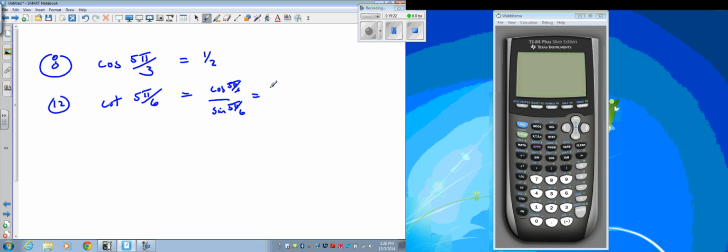The cosine is a minus the square root of 3 over 2, right? And the sine is 1/2. So you invert and multiply. This is a negative square root of 3.